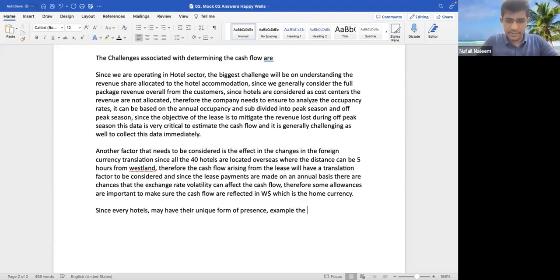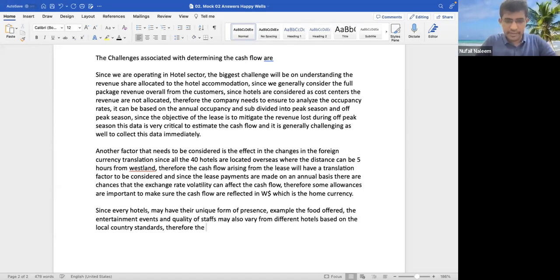Example, the food offered, the entertainment events, the quality of service may also vary from different hotels based on the local country standard.